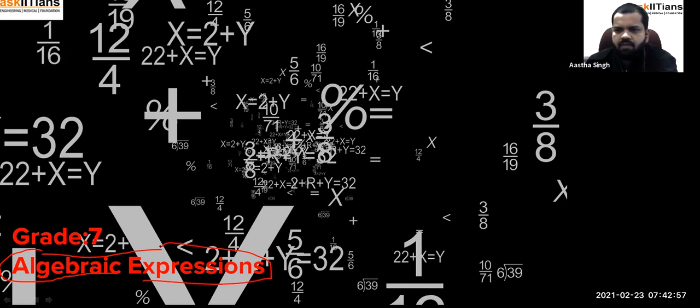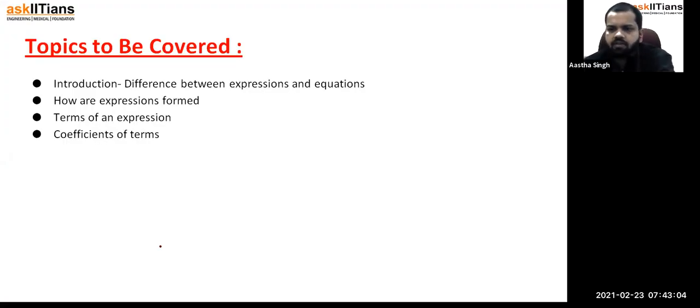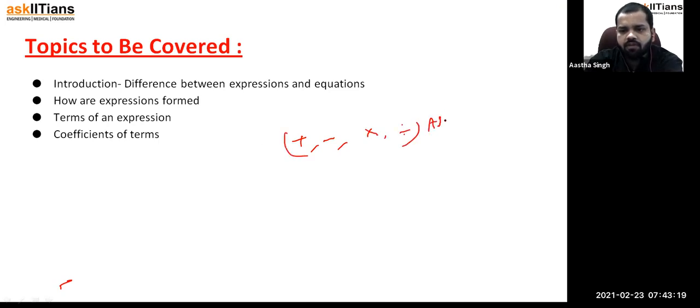Algebraic basically means which involves algebraic operations. Algebraic operations are your addition, your subtraction, your multiplication, your division. It's just basically your algebraic operations.